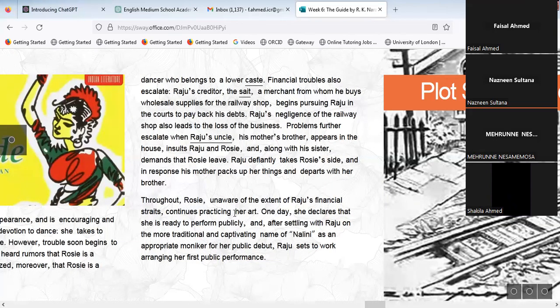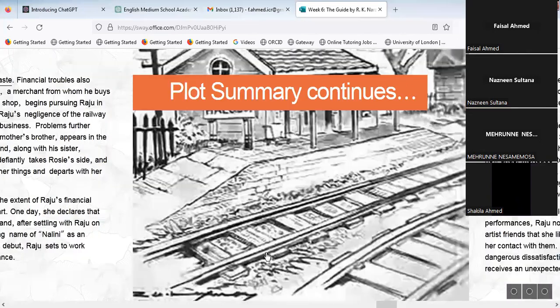Throughout, Rosie, unaware of the extent of Raju's financial straits, continues practicing her art. One day, she declares that she is ready to perform publicly, and after settling with Raju on the more traditional and captivating name of Nalini as an appropriate moniker for her public debut, Raju sets to work arranging her first public performance to earn money.